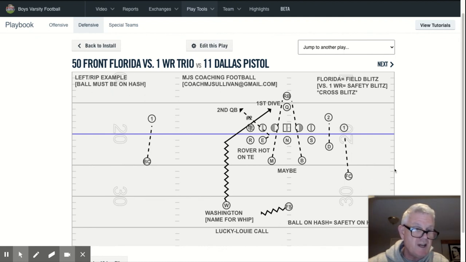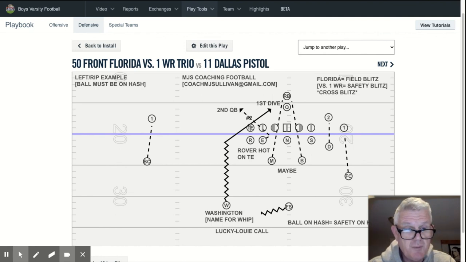We utilize the sideline as our 12th defender. And then from the snap of the football, the safety is going to rotate to the middle of the field where the goalpost sticks in the ground because he is the deep third defender, middle third. Okay? So that is our first presentation of a field pressure that we call Florida versus one wide receiver.